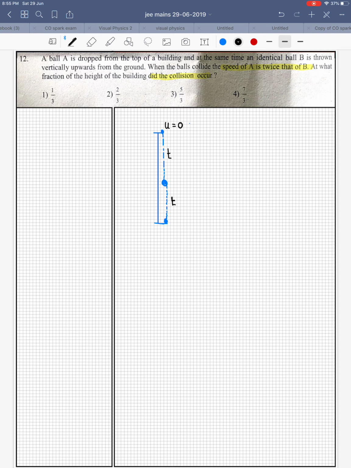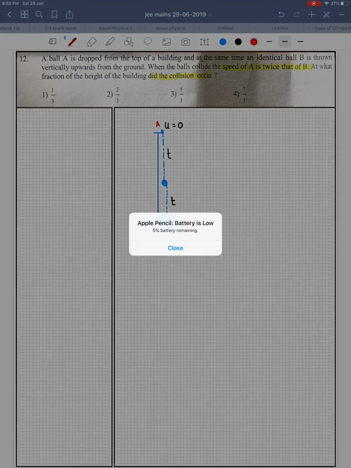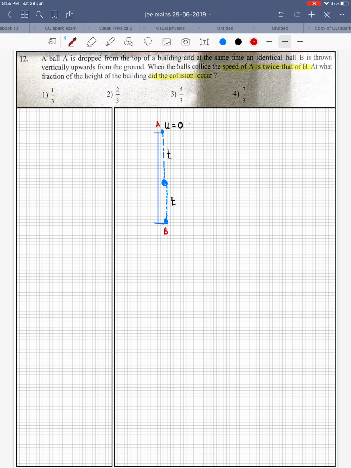Okay, and by the way, he also had given another piece of information. If this is A and this is B, the velocity of B at this point is v, and he is telling us the velocity of A at this point is 2v. Fine.